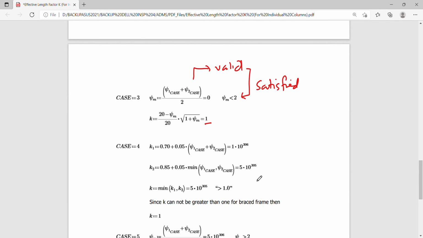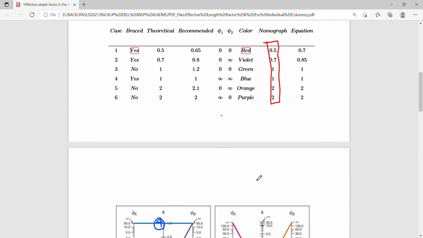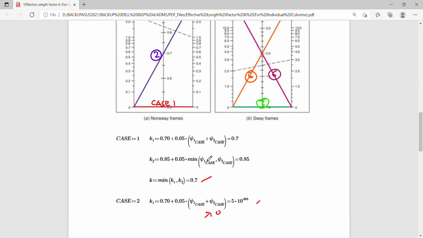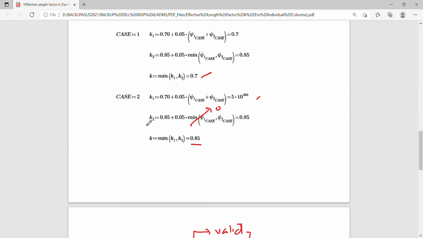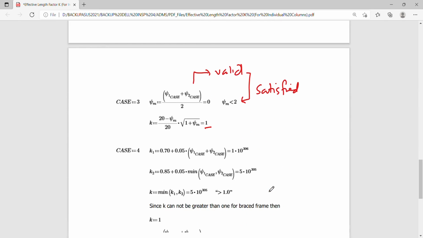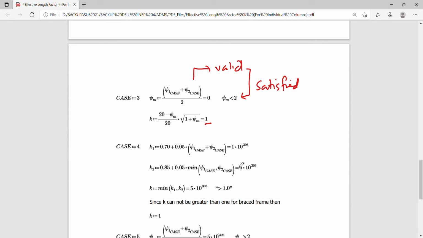Okay, for case 4, sorry, it's a brace condition. We again copy the formula of case 1 and case 2 such that we only take the minimum of the two options involved for determining K1 and K2.